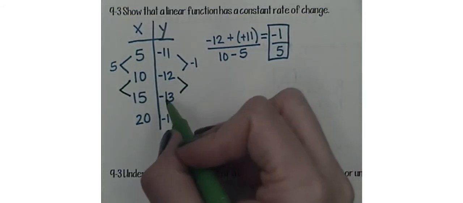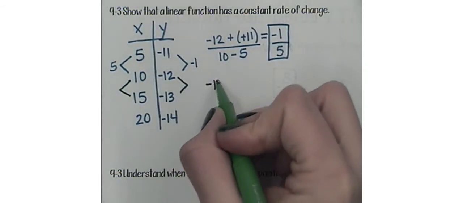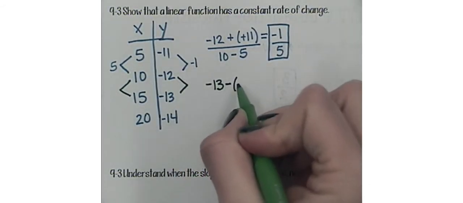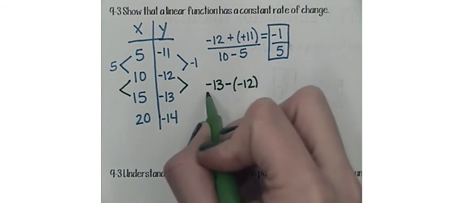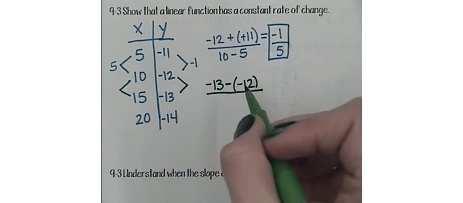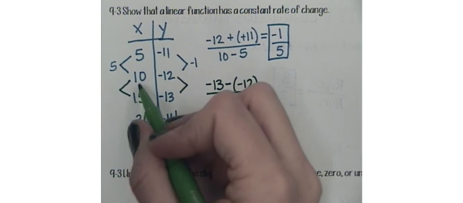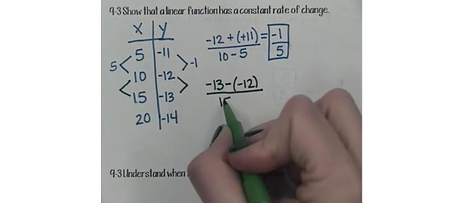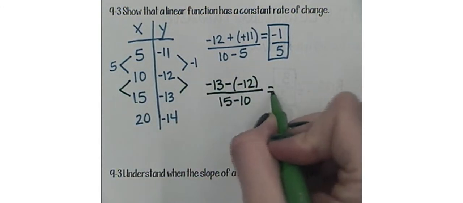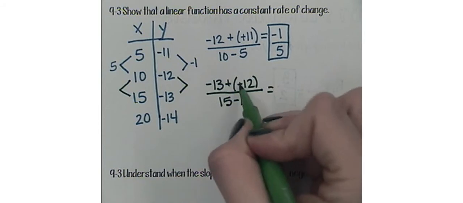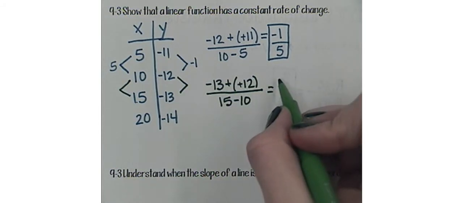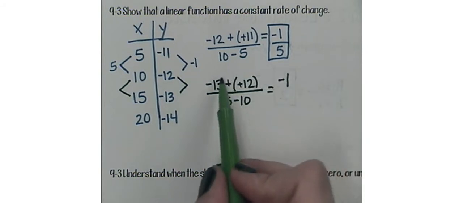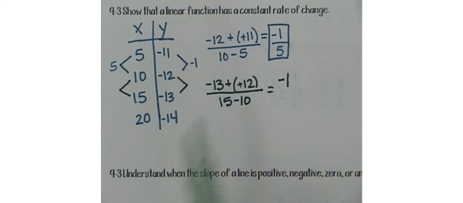So we're going to take negative 13 minus negative 12 over 15 minus 10. Two negatives turn into a positive here, so negative 13 plus 12 is negative 1. And you could always plug this straight into your calculator if you wanted to with the two negatives.